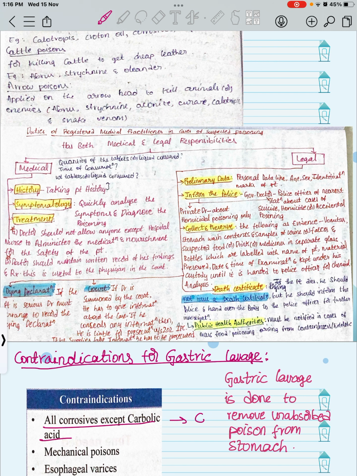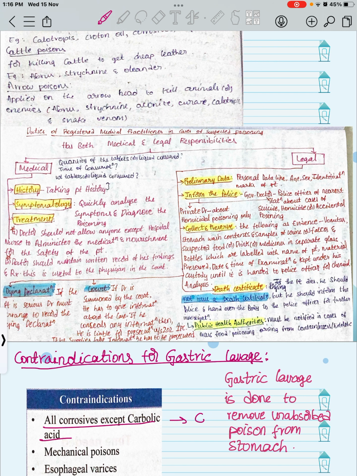If he is a private doctor, he should inform only about homicidal poisoning. There is no responsibility for him if the condition is suicidal and only one person came to the hospital.